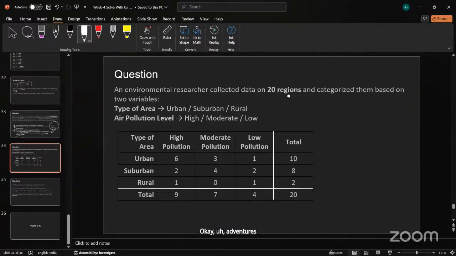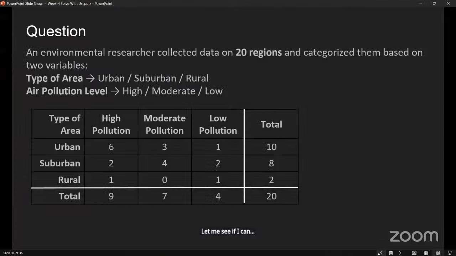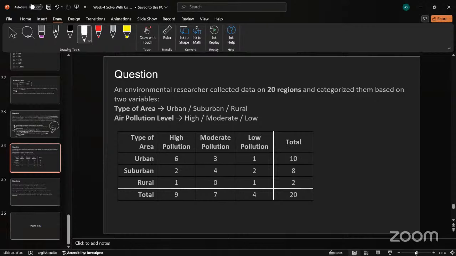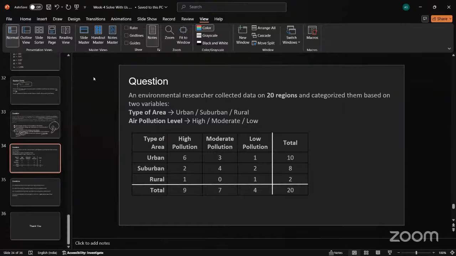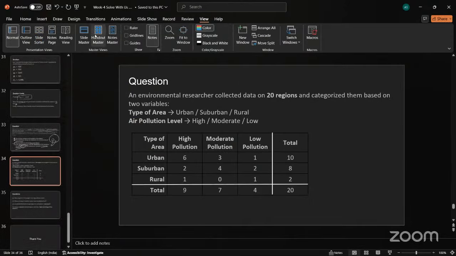Okay, everyone just draw this, copy this table in your notebook right now, because the questions are on the next slide. Let me see if I can. Done.